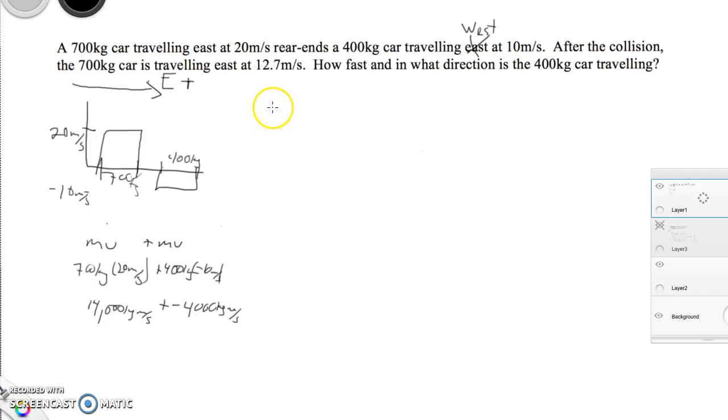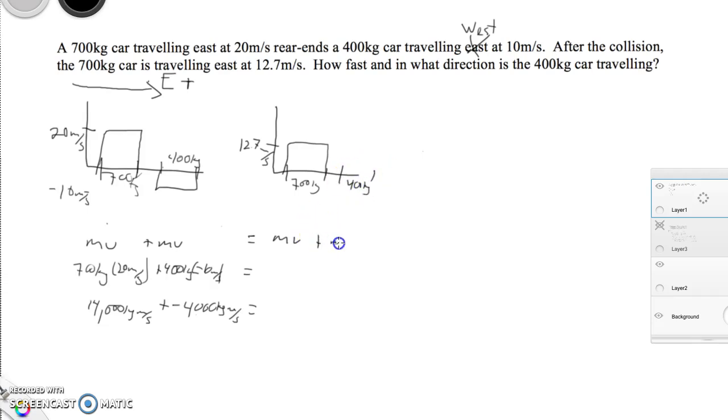Now we can look at after and compare it. After, the 700 kilogram car is still traveling east, but now at a speed of 12.7 meters per second. So that means 700 times 12.7, and then for the other car, we don't know its velocity yet, and that's what we want to find out.